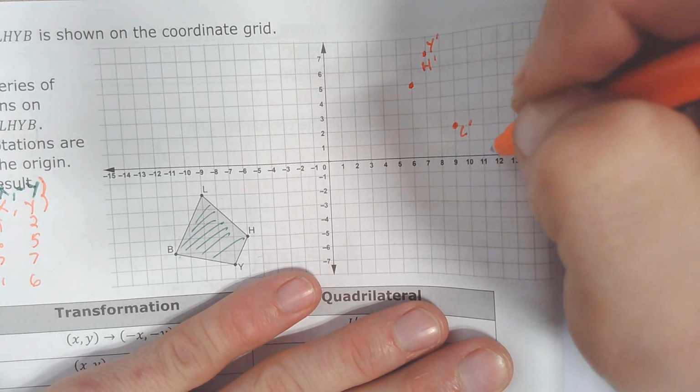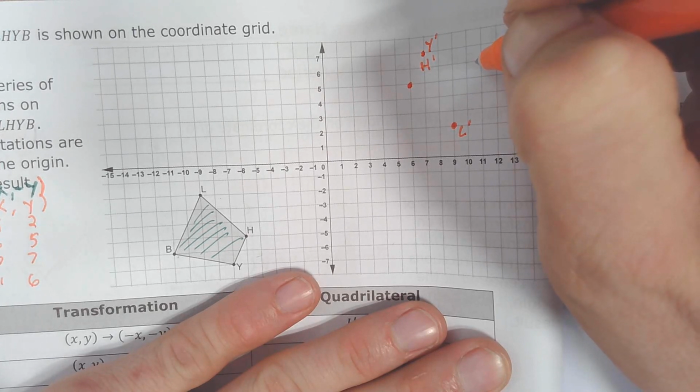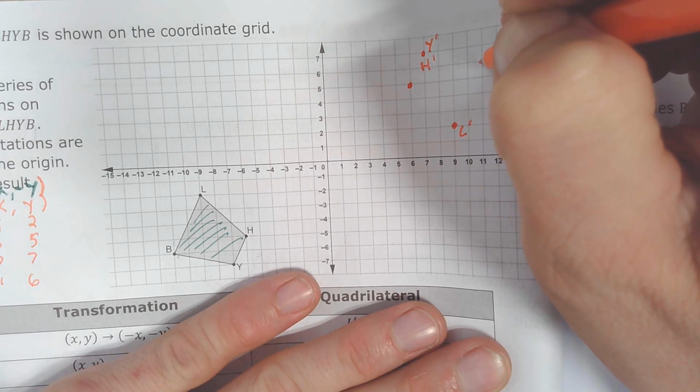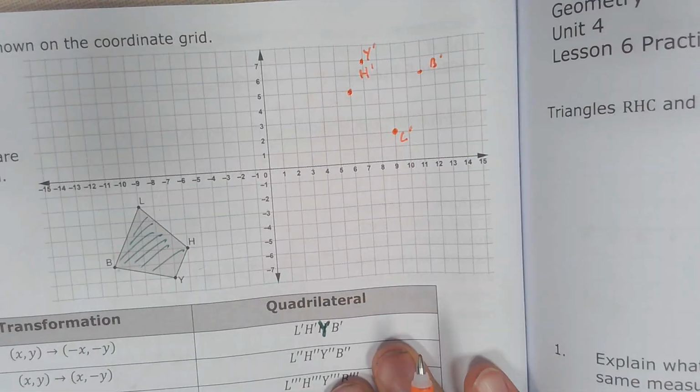And 11 and 6. 11 and 6 is B prime. Okay, so let me get out my straight edge here.